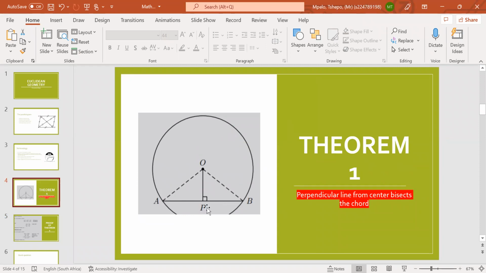So how do you prove theorem 1? In simple words, they are just saying prove that line AP is equal to line BP. So the way to do it is to prove that triangle AOP is congruent to triangle BPO. You prove congruency, and then you conclude with it. Therefore, line AP is equal to BP.